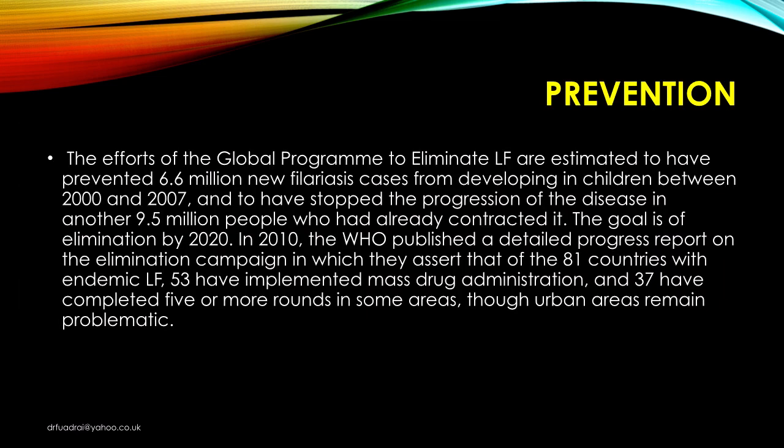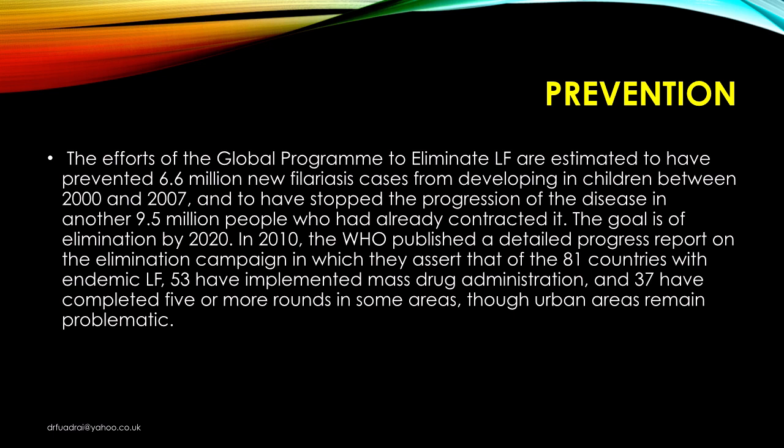The efforts of the global program to eliminate lymphatic filariasis are estimated to have prevented 6.6 million new filariasis cases from developing in children between 2000 and 2007, and to have stopped the progression of the disease in another 9.5 million people who had already contracted it.